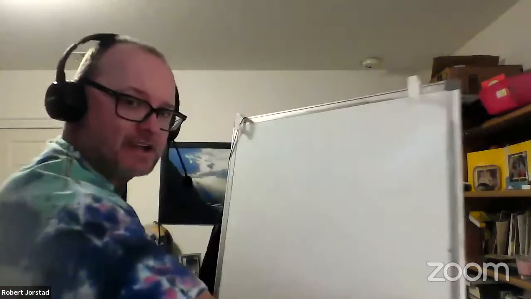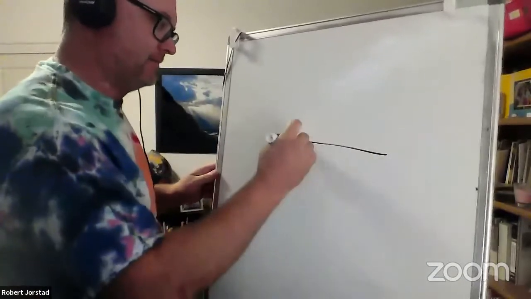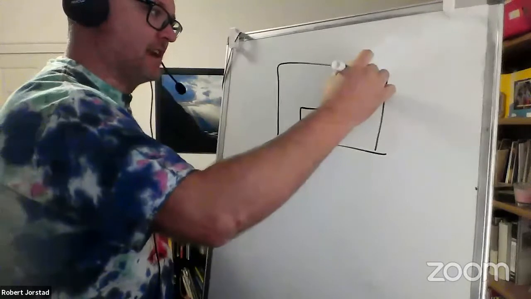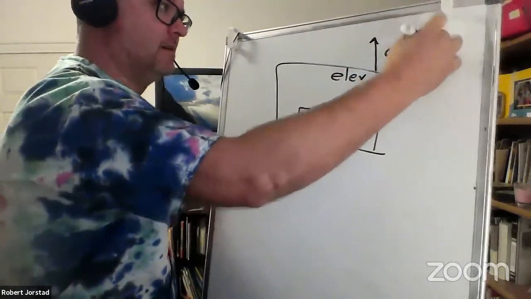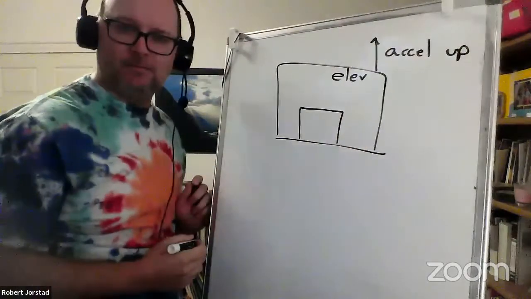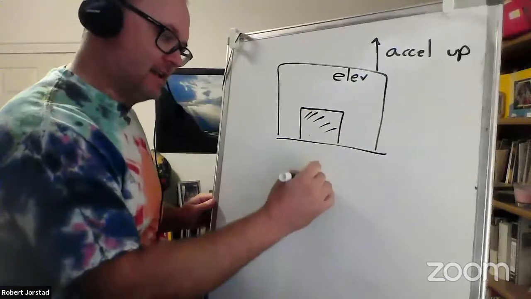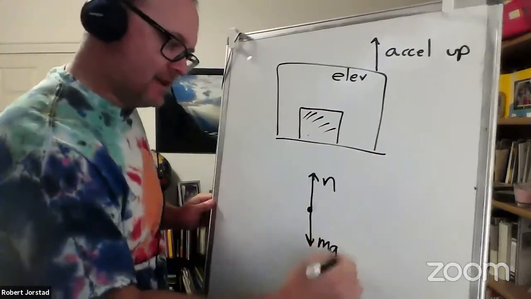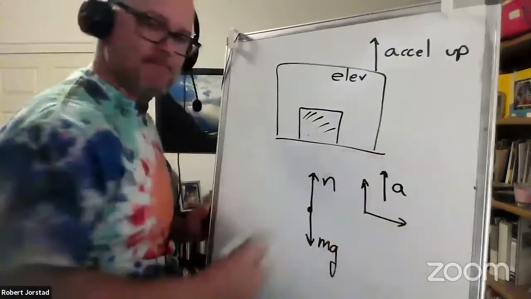Let me show you this. Let's imagine we have a block and we're sitting in an elevator, and this elevator is accelerating up. So here's a block. If I draw the FBD of the block, there's a normal force up, there's mg down, and this thing is accelerating with some rate a.